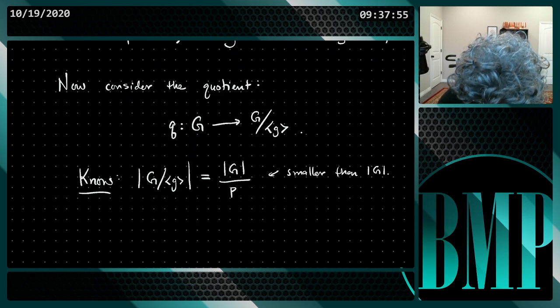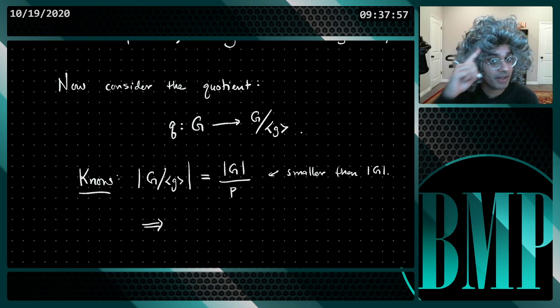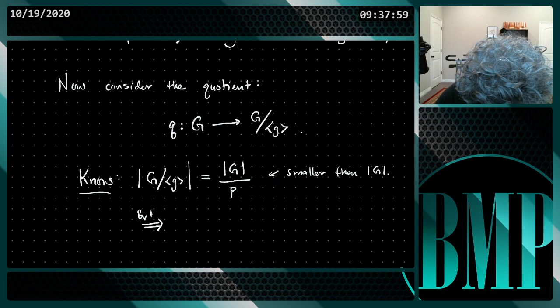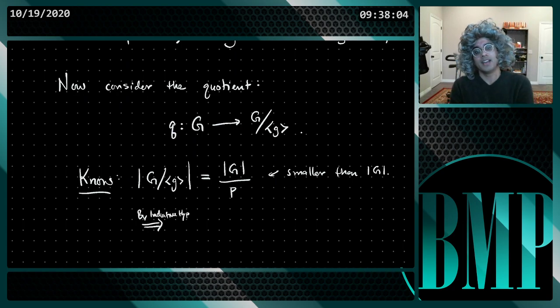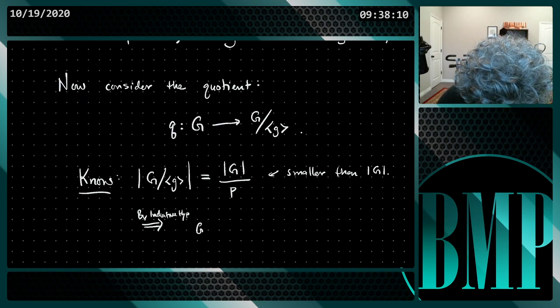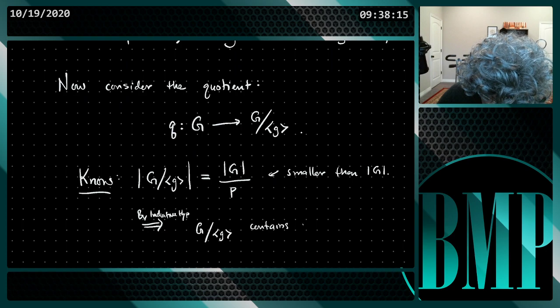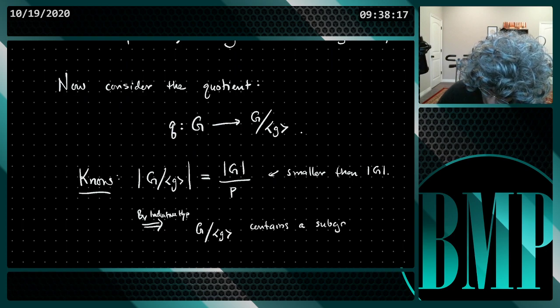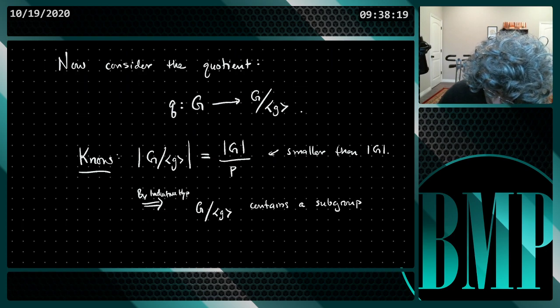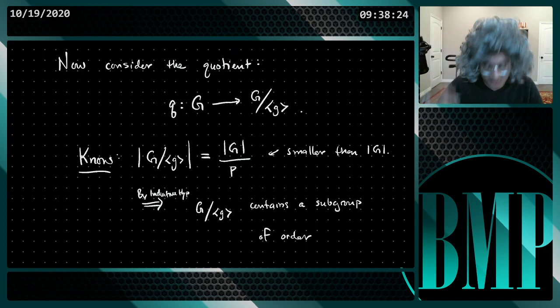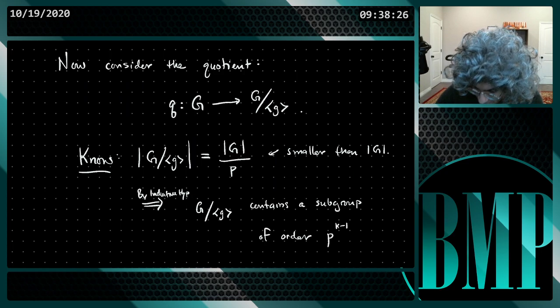So by induction, by the inductive hypothesis, this group has a Sylow p subgroup of maximum order, so of order p to the k minus 1.